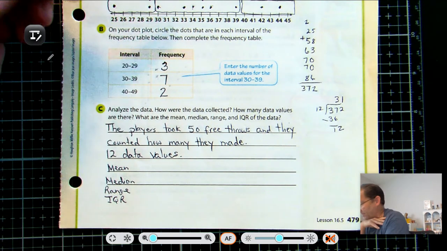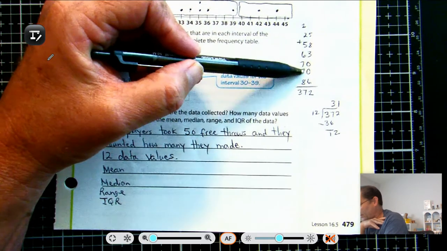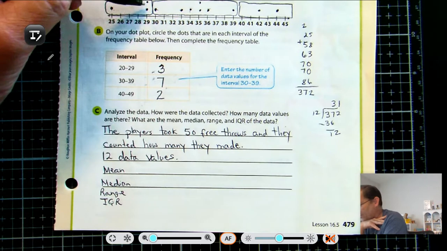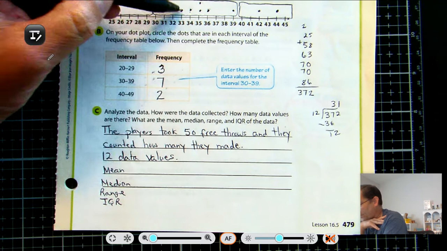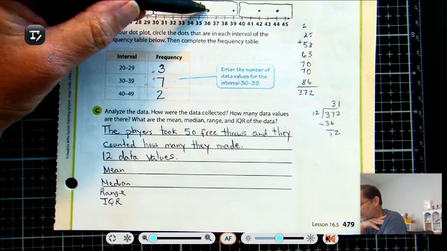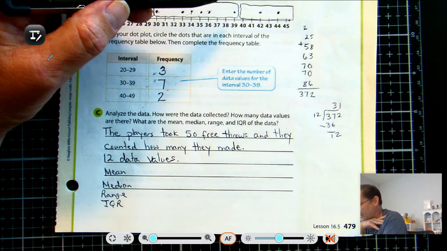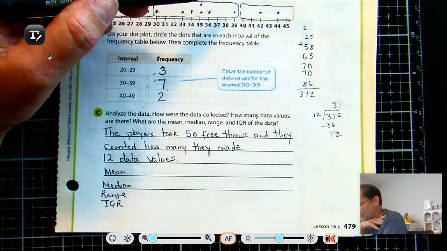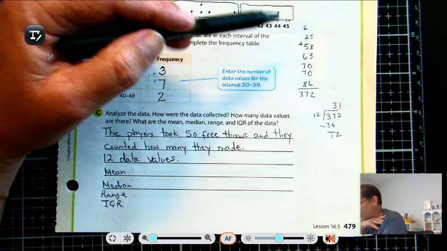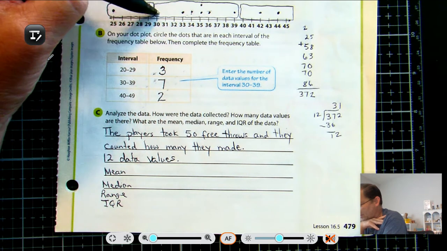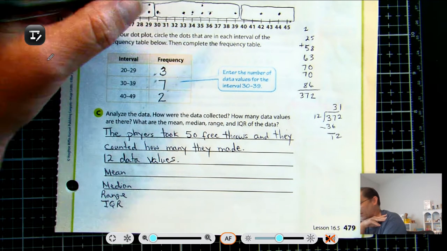Let's make sure I've added that correctly. 63, 70, 70. Oh, I left off 39.